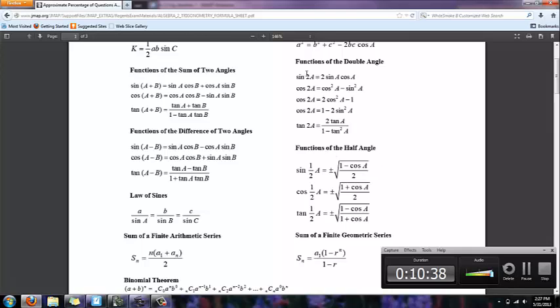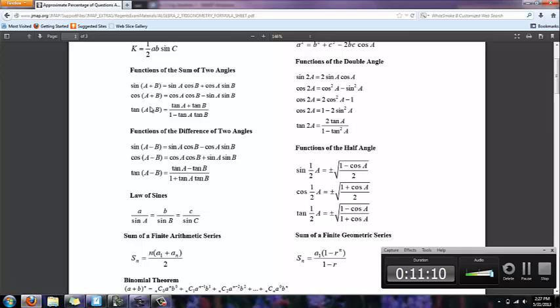So sine of 2a or 2 theta, and then it gives you what the equation is. Cosine has 3 different equations that we can use, and they're all equal to the same thing. So you can theoretically use whichever one you want, but sometimes it makes more sense to use the one with only cosine or the one with only sine, and I'm going to show you questions like that.